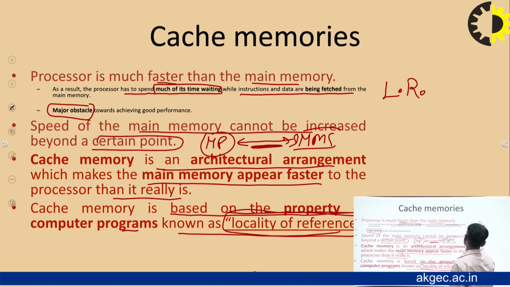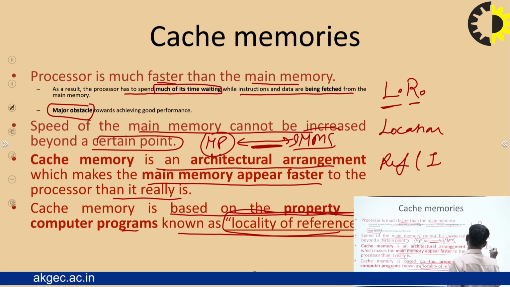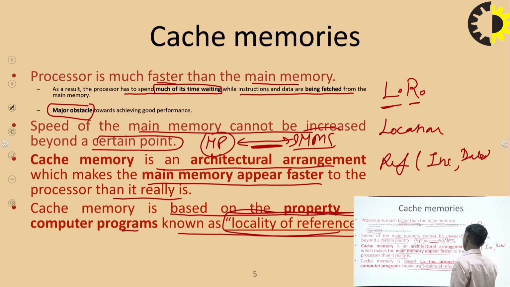So basically we have a location of our reference. We know the location of what? What are we going to refer to? We are going to refer to either an instruction or data. So the term used for the location of a particular reference is known as locality of reference.